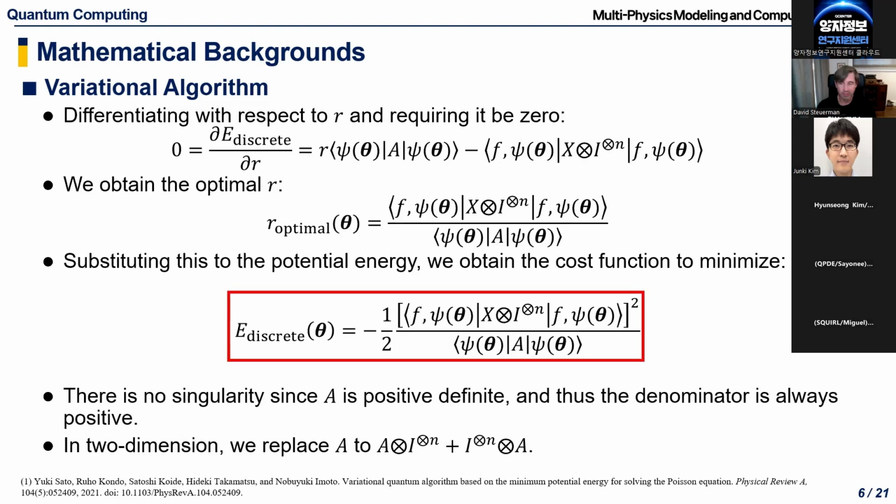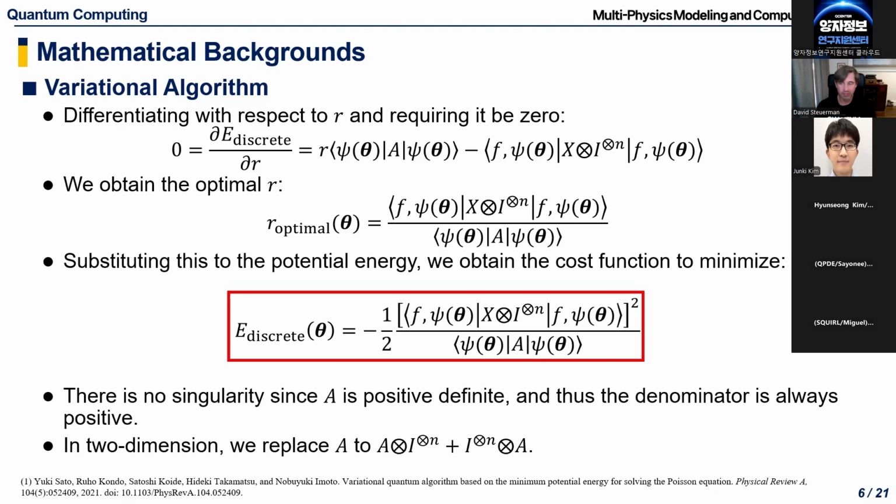Differentiating with respect to r, we obtain the optimal r that minimizes E. Substituting this optimal r back into E, we can fully parameterize E with only the thetas that we can control throughout the quantum circuit. We don't have to worry about any singularity of this cost function in the red box here, since the A matrix in the denominator is positive definite.